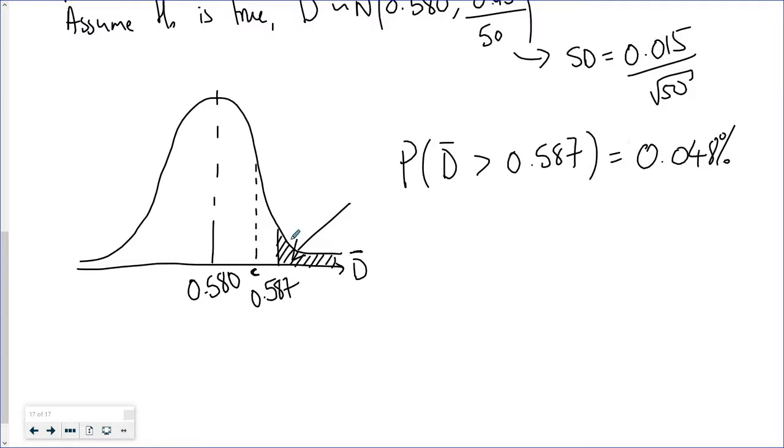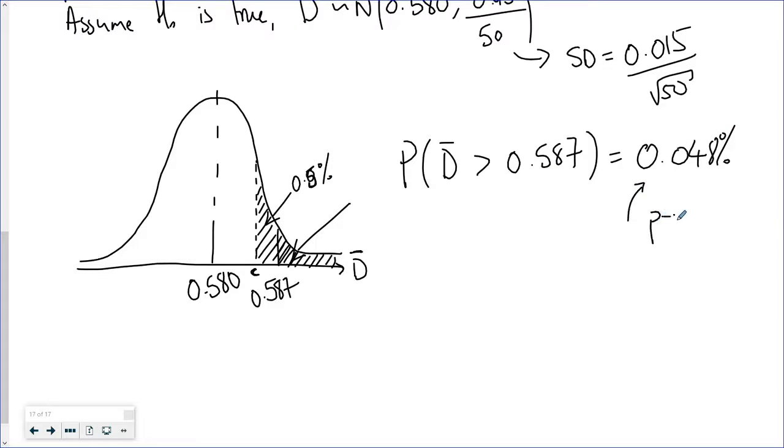Well, if we know to the right of us is 0.048%, then the critical region must be to the left of us, our critical value. So that means that we are in the final 0.5%, because to the right of our critical value has to be a total probability of 0.5%. So we must be in here.